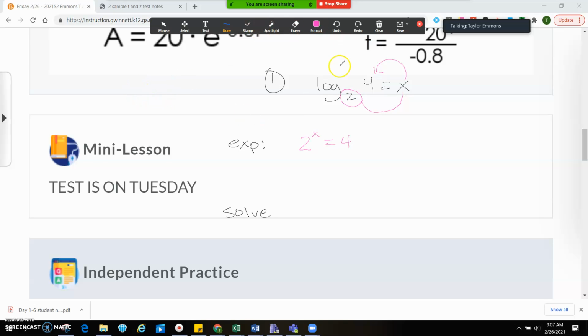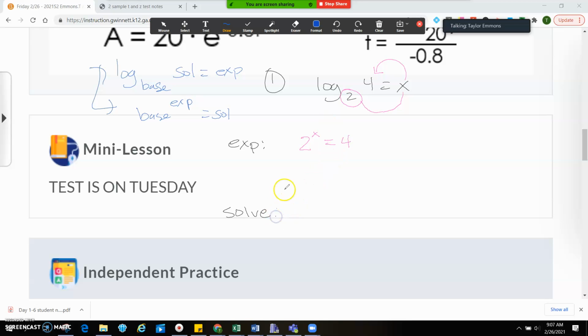So my people who are visual, log of your base of your solution equals your exponent. Okay, also known as base raised to your exponent equals your solution. Okay, these are the same things, just written as an exponent, written as a log.